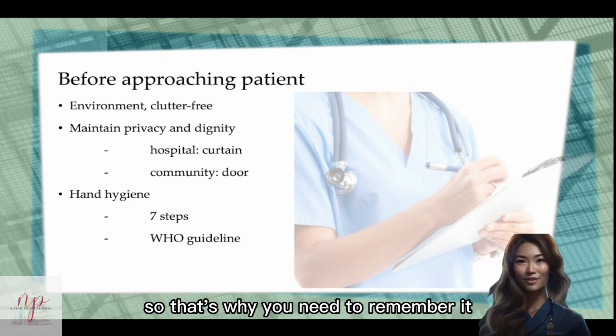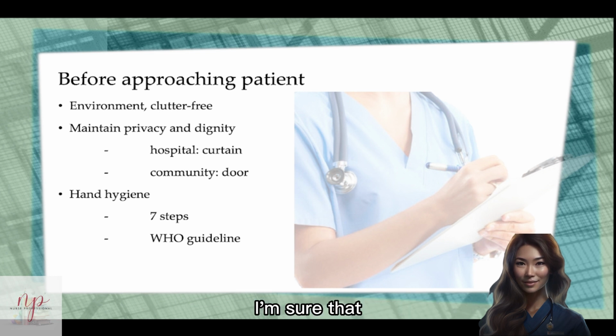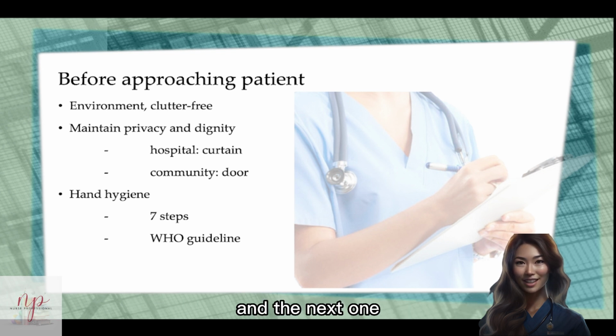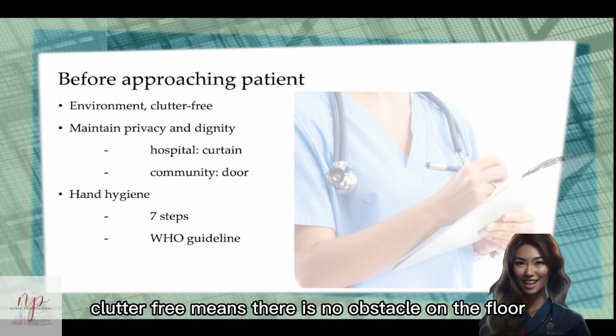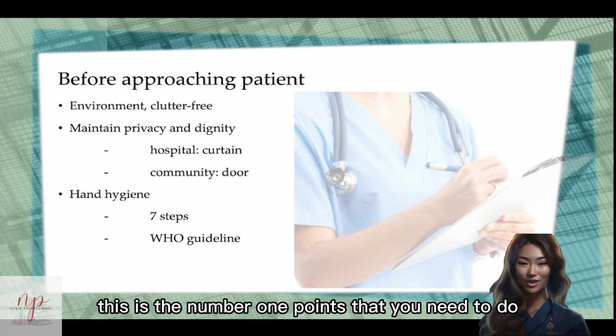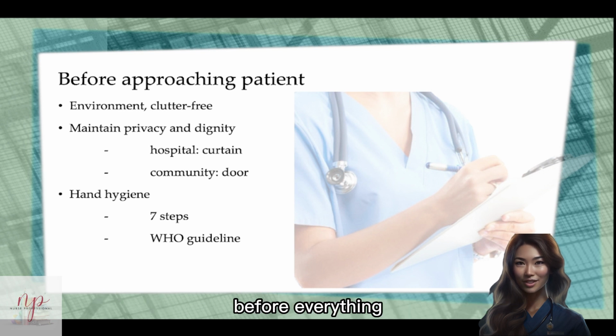So you need to remember it. I'm sure that now the environment is safe so that I can carry out the procedure, right? And the next one, clutter-free, means there's no obstacle on the floor, and there's nothing that would increase patients' fall risk. So therefore, this is the number 1 point that you need to do before everything.